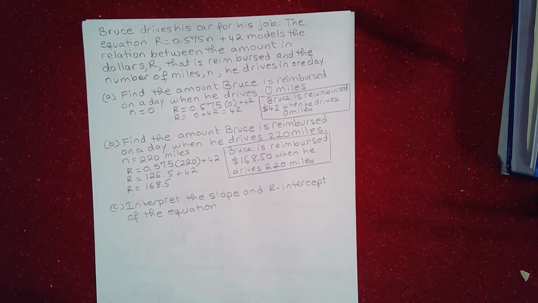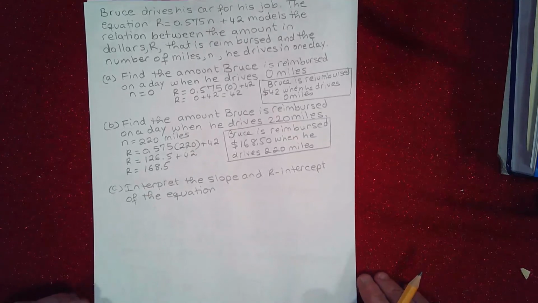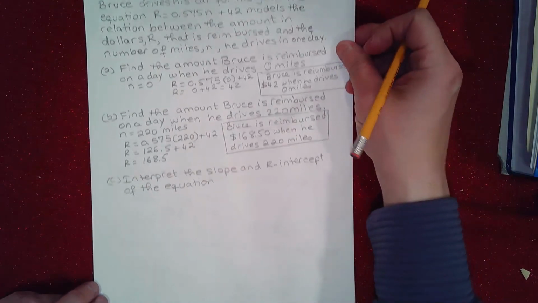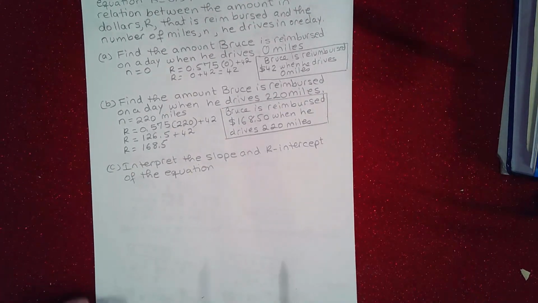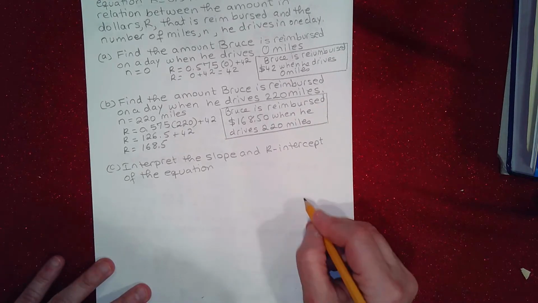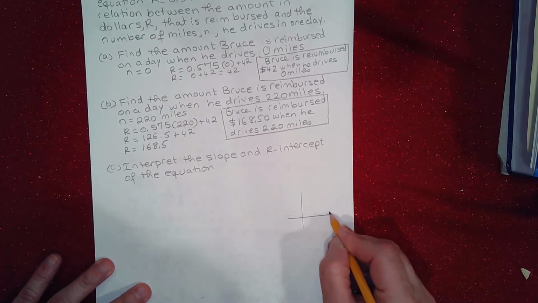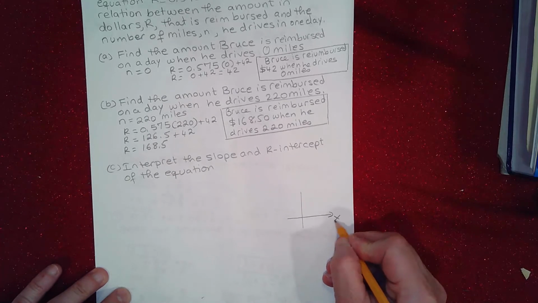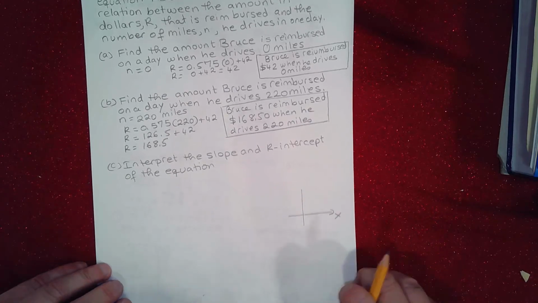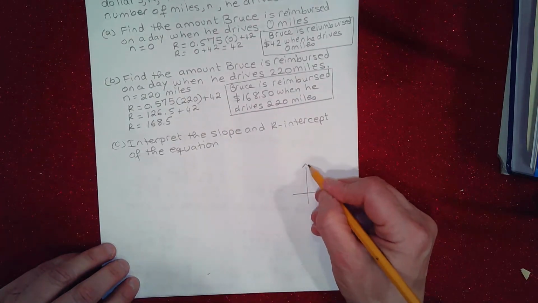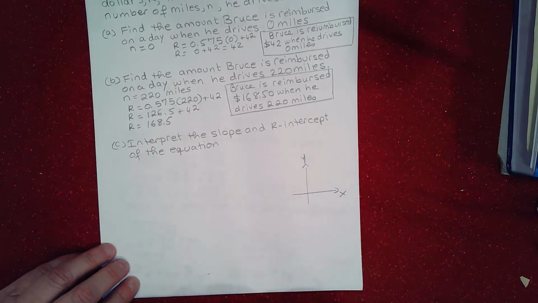Part C. Interpret the slope and the r-intercept of the equation. Now, before we answer this question, let's go ahead and talk about the y-intercept. Remember, if you go back to the xy system, here you have the x-axis, and here you have the y-axis, right?